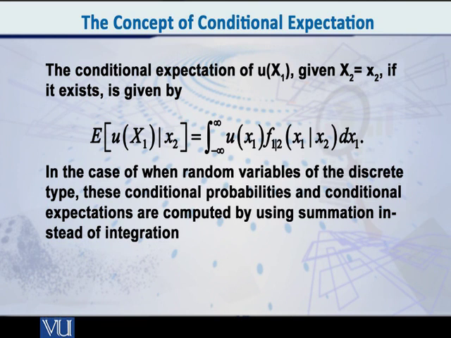One more thing, that all that I have just said is with reference to continuous variables, but in the case of random variables which are of the discrete type, obviously these conditional expectations will be computed in a similar manner, but the integral signs will be replaced by summation signs.